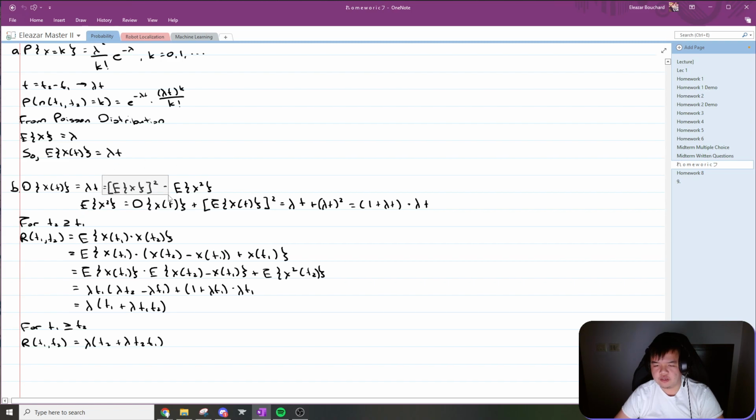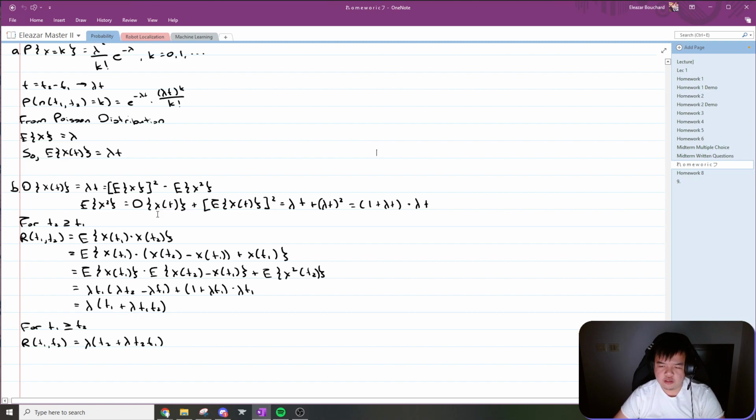We have the expected value squared, and we have the expected value of X squared. Expected value of X squared, we can go for this here: the variance of X_t plus the expected value of X_t squared. That will give us 1 plus lambda t times lambda t.